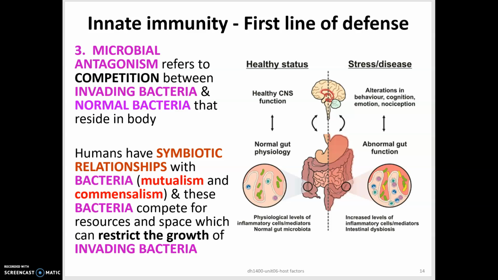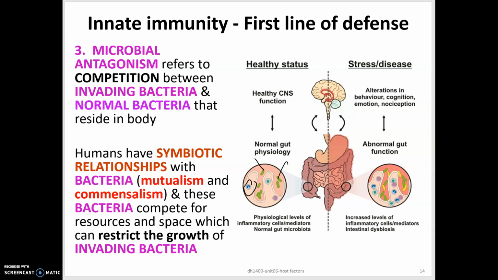So if you look at the figure down here, on the healthy side, we've got normal gut physiology, and we get normal microbes that are happily existing, the little green rods. We have cells here that are quite healthy. They're not causing any inflammation or anything like that.